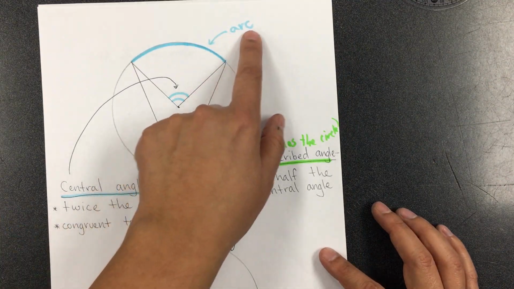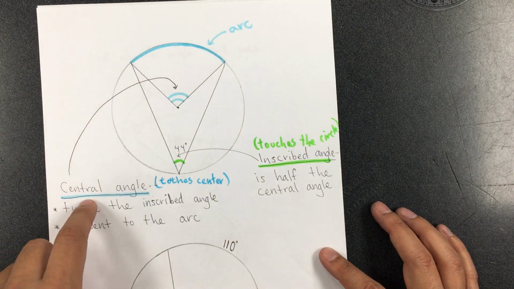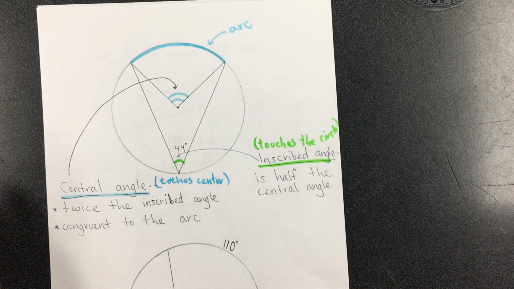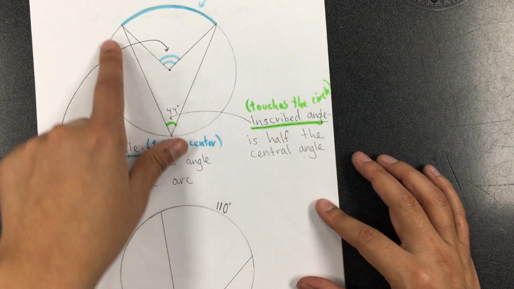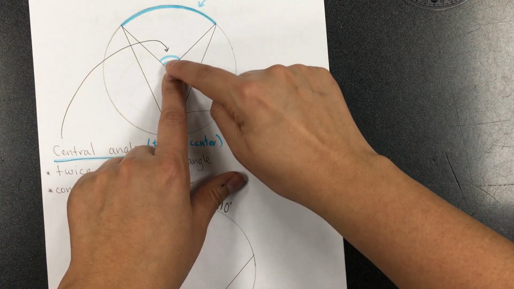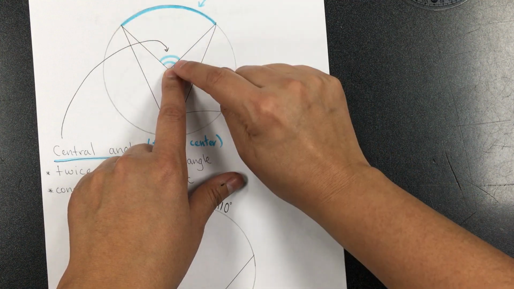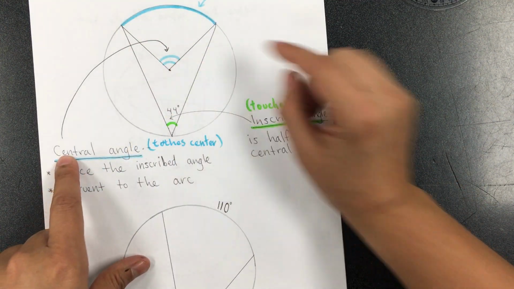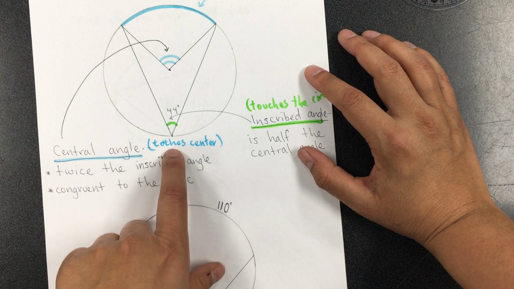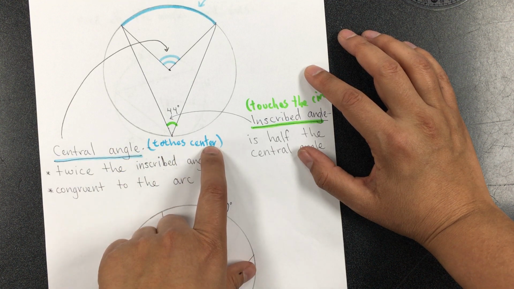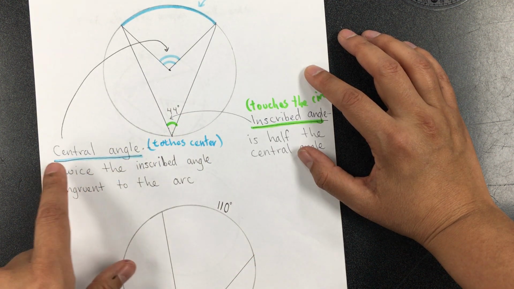We already learned about arcs, and we're going to learn something about when you have an angle formed from the center to an arc, that's called a central angle. So it touches the center, okay? That's very important.